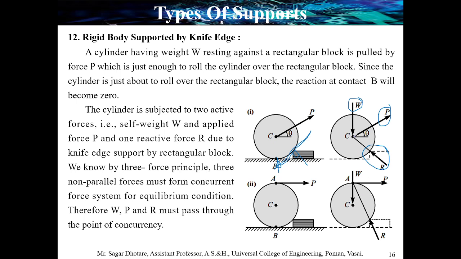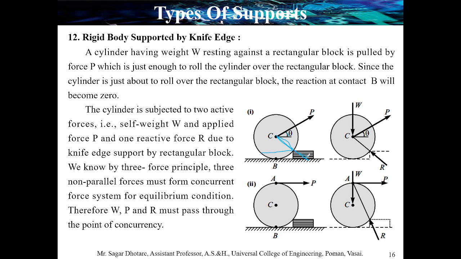The angle made by the reaction changes as the position of the applied force changes. In the first case the force is applied at the center, so the center is connected with this point, and whichever angle it makes with the horizontal is considered as theta.